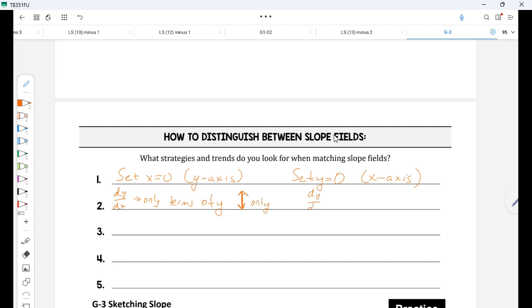And if dy dx is only in terms of y, then your change is only going to be left to right. Only in terms of x and only in terms of y.